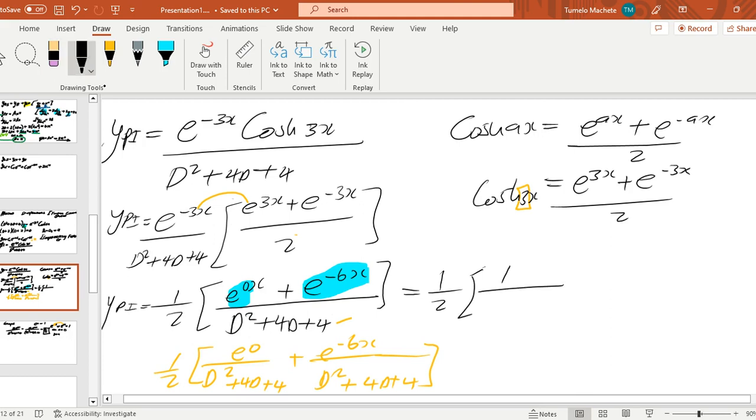So just say 1 over 0 squared plus 4 times 0 plus 4, and then plus e to the power minus 6x divided by minus 6 squared plus 4 into minus 6 plus 4.